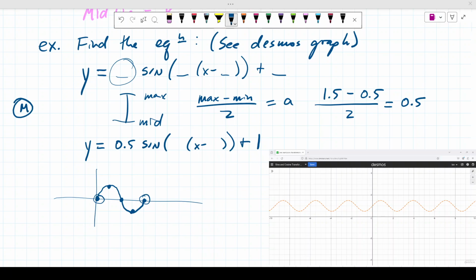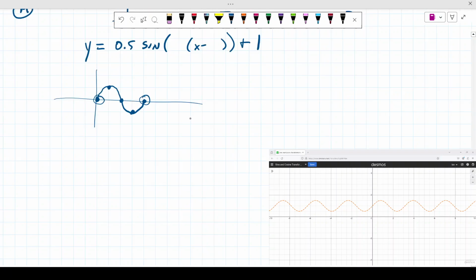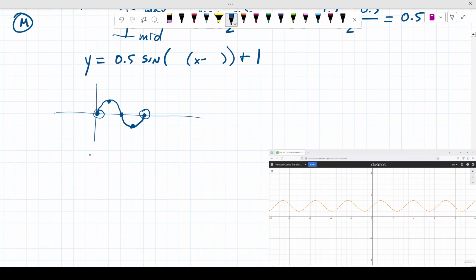It's just over 1.5. This looks to me like it's pi. So I'm going to say that my period, which I'll call P, is pi. Period is 2 pi over Q, and my period is pi. If I solve this for Q, multiply both sides by Q, divide both sides by pi, I get Q is 2. So I've got a Q of 2 here.